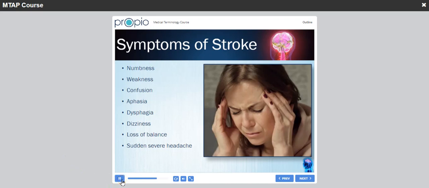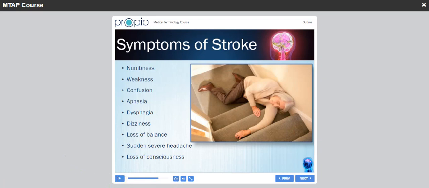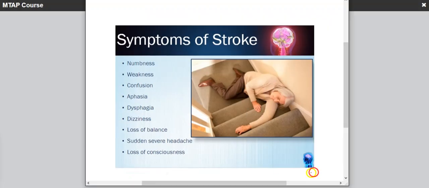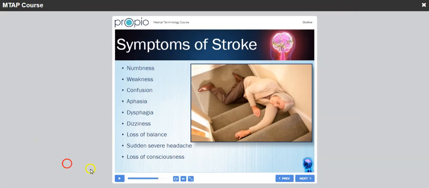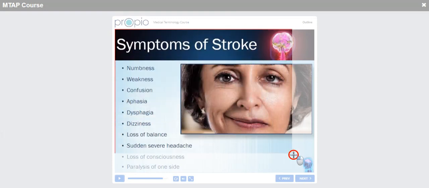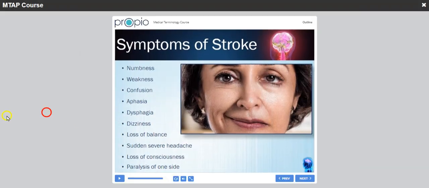Let's talk about some sample procedures of the nervous system. Aneurysm clipping.